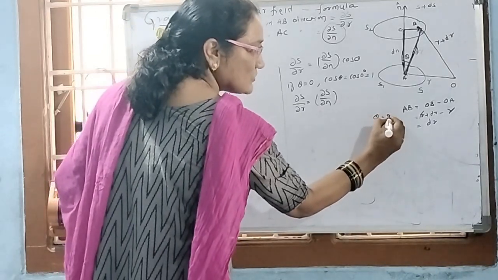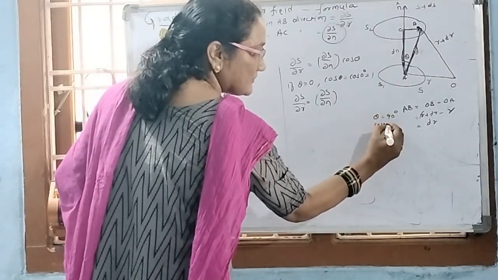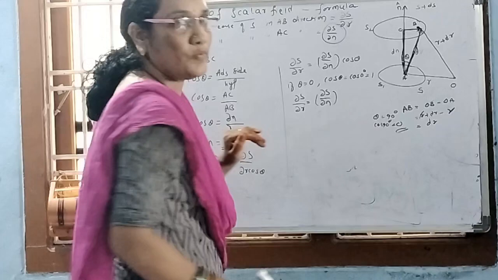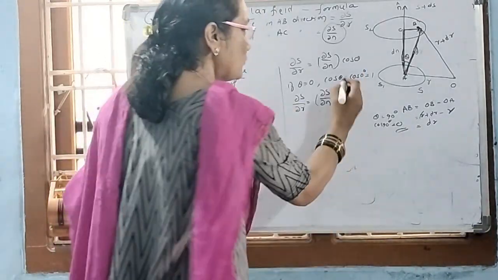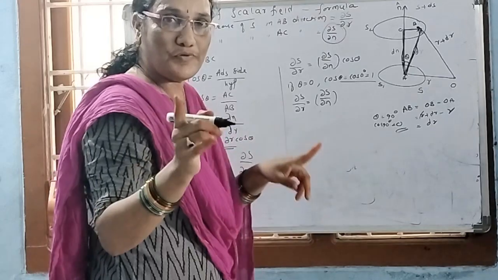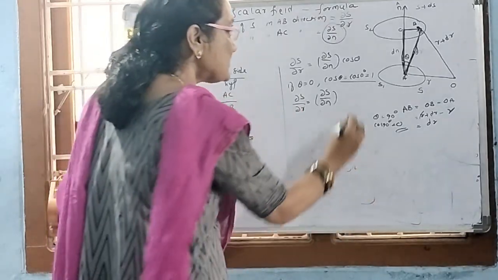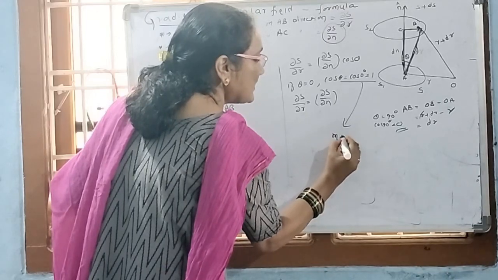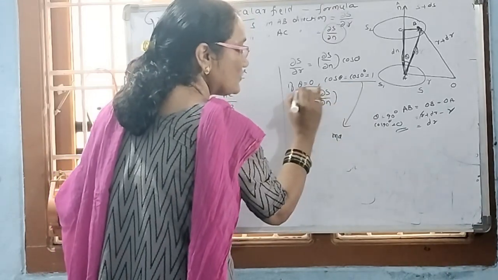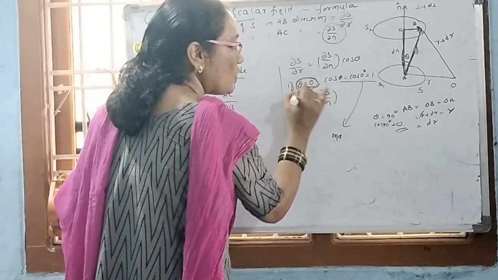If theta is equal to 90, cos 90 is 0. So, comparing these two, we get the maximum value when cos theta is equal to 1, that is when theta is equal to 0.